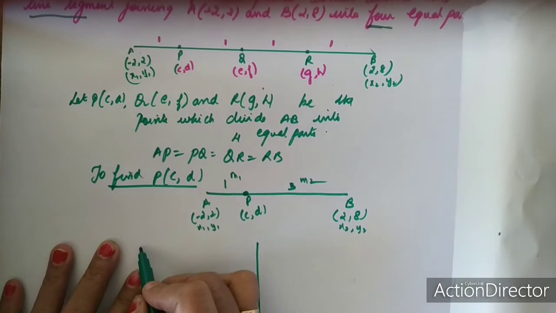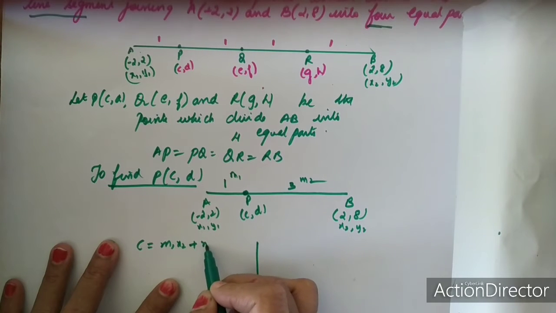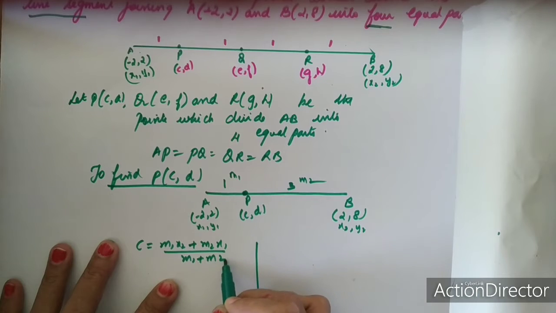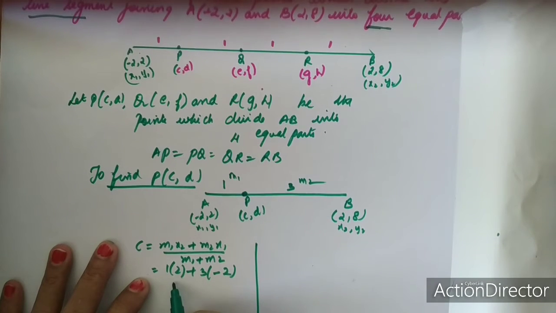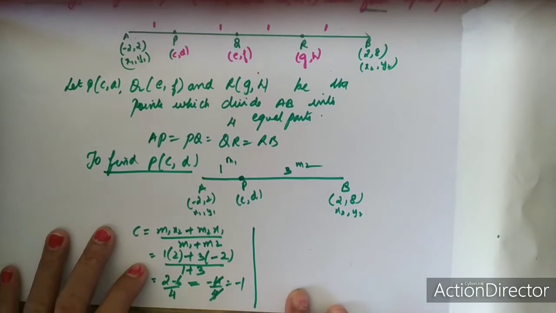First we will find C. C is equal to M1 into X2 plus M2 into X1 divided by M1 plus M2. This is equal to 1 into 2 plus 3 into -2 divided by 1 plus 3, 2 minus 6 upon 4, which is equal to -4 upon 4, which is equal to -1.